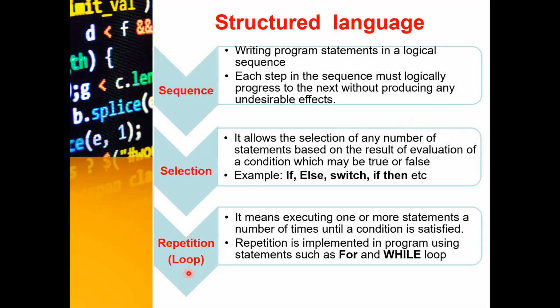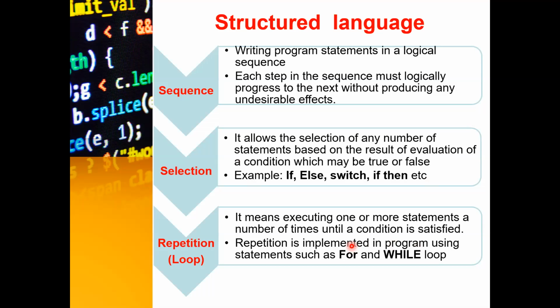The third one is repetition. Repetition is the loop. What is the loop? Repetition of the statement is called a loop. It means executing one or more statements a number of times until a condition is satisfied. Clear? You can note down the definition of the loop.